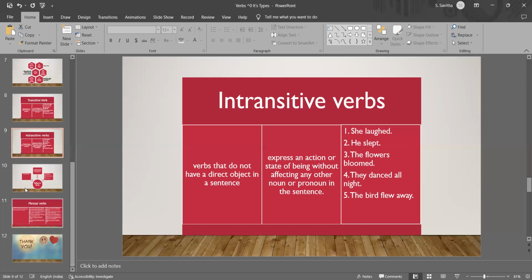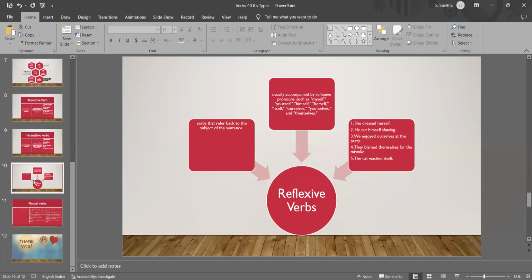Let us go to the next type, reflexive verbs. What are reflexive verbs? Reflexive verbs are verbs that refer back to the subject of the sentence. In other words, we can say the subject of the sentence performs an action on itself.